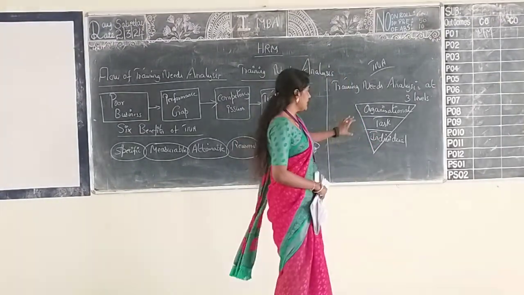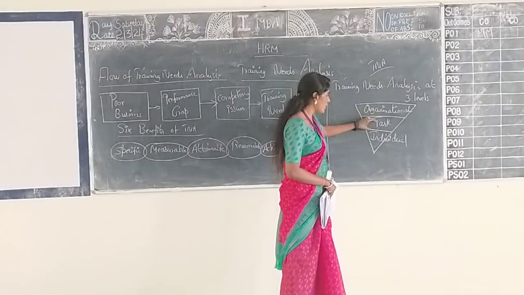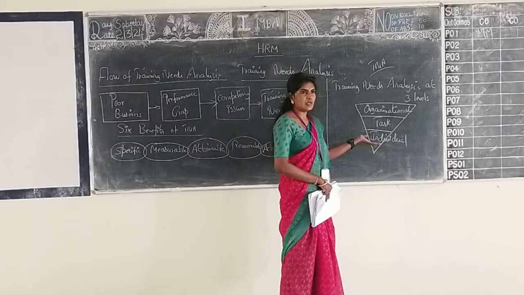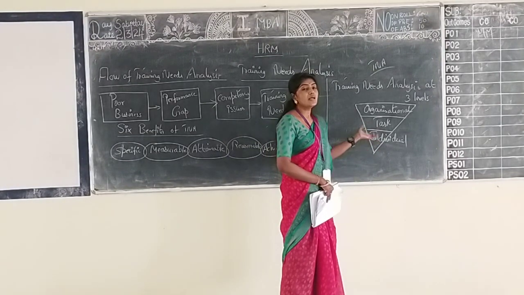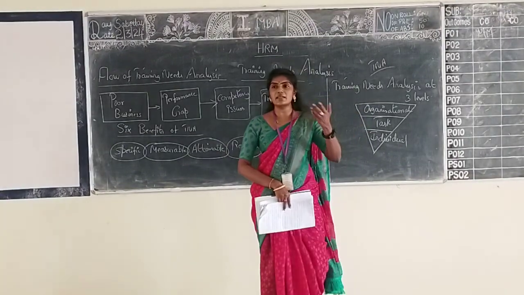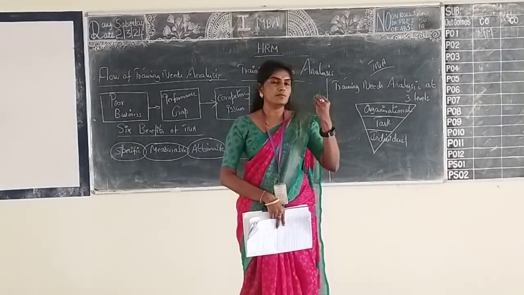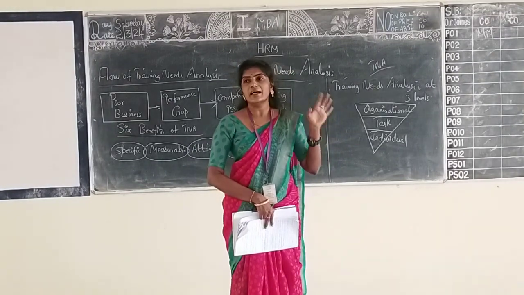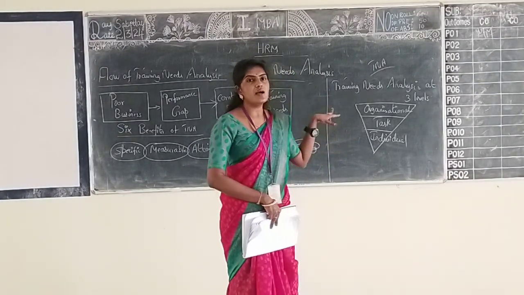So listen, based on the organization and the task analysis, you decide what type of training is given to the particular employee, what the needs for the training are, and why you conduct this training for the particular employees. That is also analyzed.